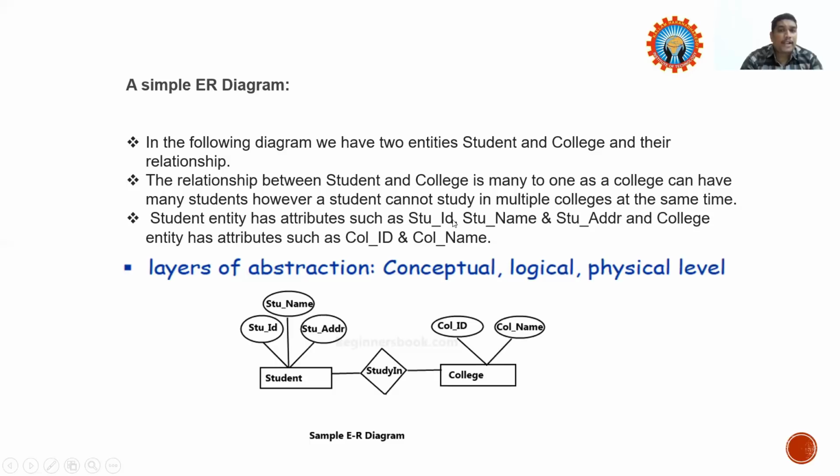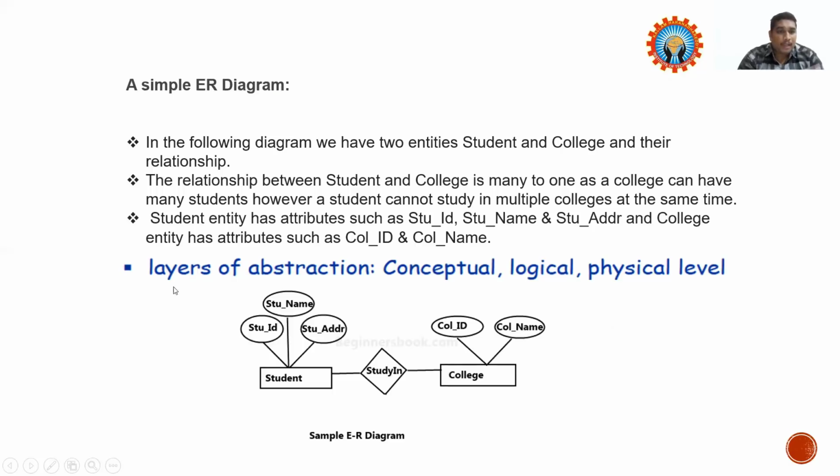However, a student cannot study in multiple colleges. He will study in a particular college, not two or more colleges at the same time. The student entity has attributes ID, name, and address. ID and name are the attributes of college. I hope you are understanding.